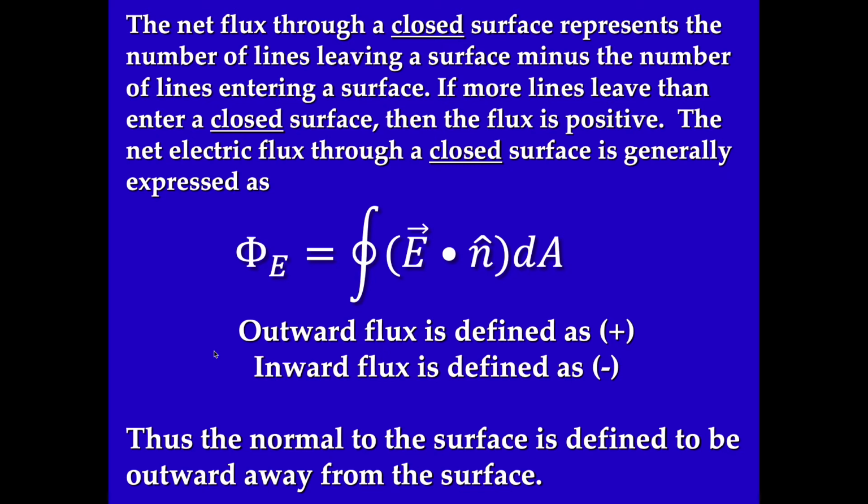If more lines leave than enter, then the flux is positive. If more lines enter than leave, then the flux is negative. When the surface is closed, the normal to the surface is always defined to be outward from the surface. That way, when you have a positive charge, the field lines are leaving the surface.